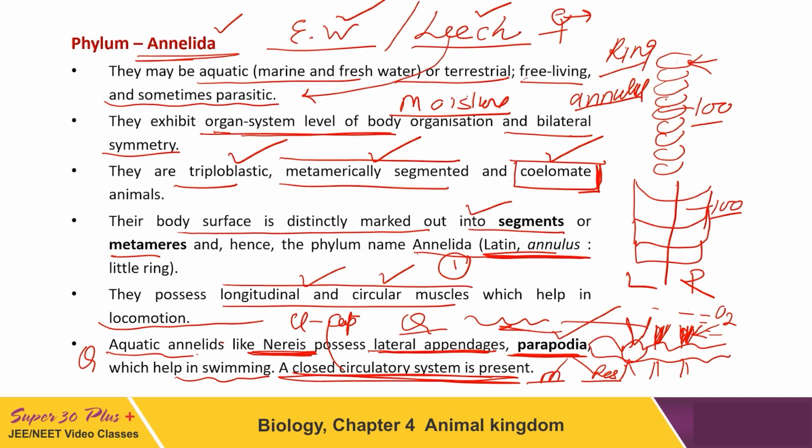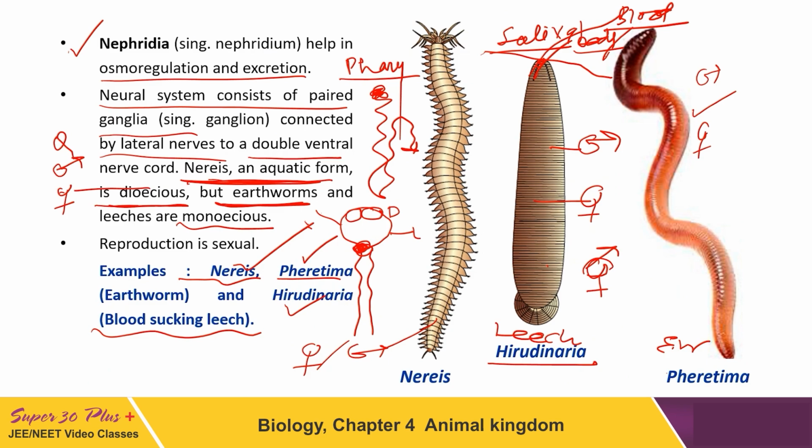In earthworm, how many hearts do you have, children? Yes, only one. But this earthworm has 4 hearts, and the hearts are important. These are related to blood capillaries and blood vessels. Nephridia are the organs of excretion and osmoregulation. A well-developed nervous system is there.